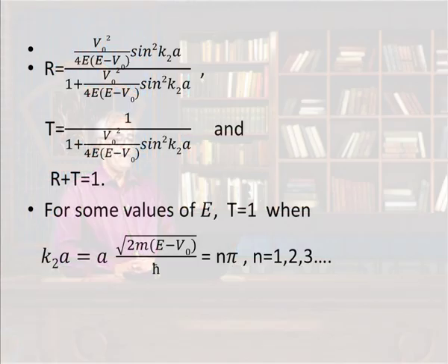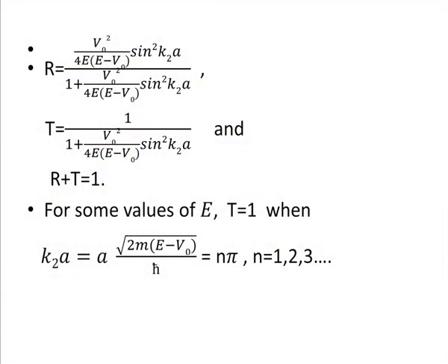With these replacements we can write down the expressions for R and T, and again we note that R plus T is equal to 1. But you see that sine hyperbolic squares have gone over to sine squares. Earlier we had sine hyperbolic square k1a, now we have sine square k2a.